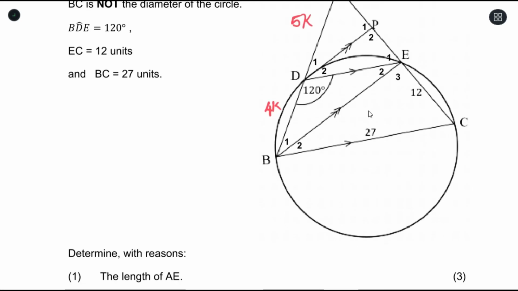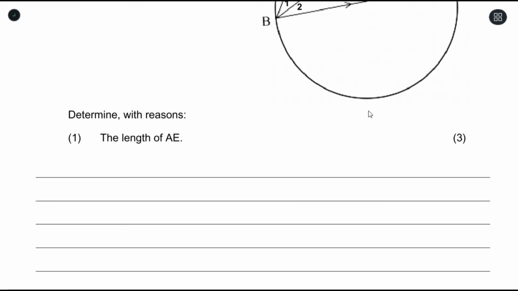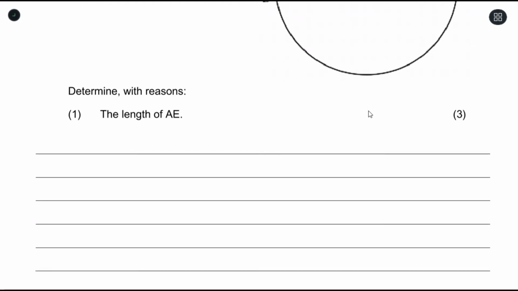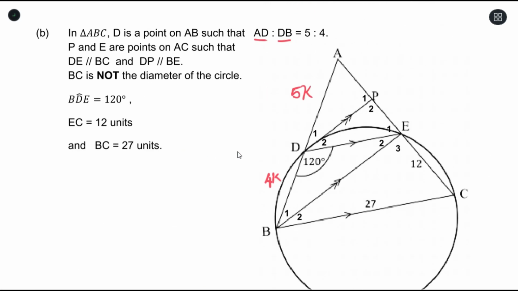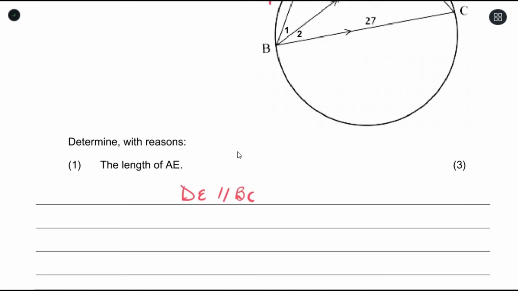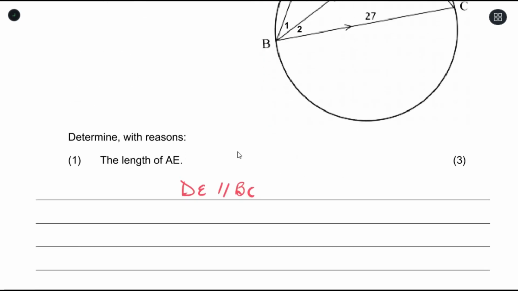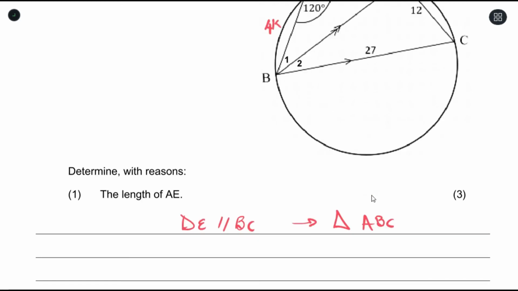Now, because DE is parallel to BC, we can see here that DE is parallel to BC, and we are working under triangle ABC. So the sole focus is in triangle ABC.